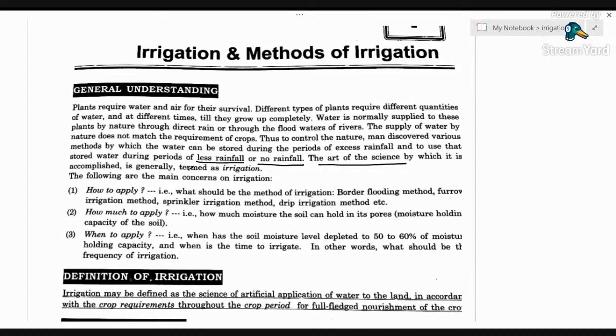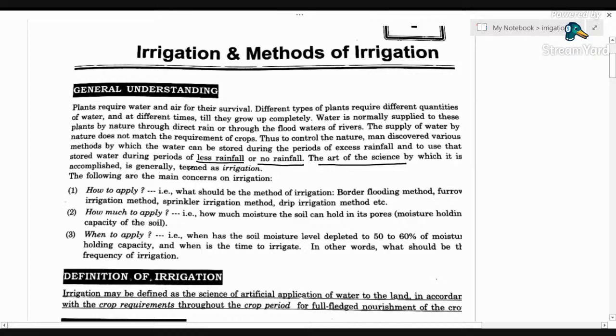There are basically different methods, like free flooding, water flooding, sprinkler irrigation and furrow irrigation. Nowadays we are going for drip irrigation or sprinkler irrigation in order to avoid seepage and evaporation loss.